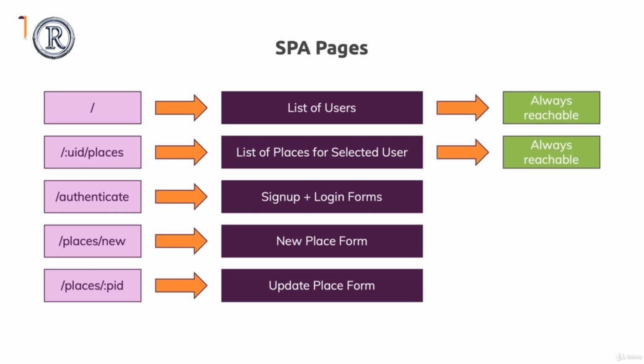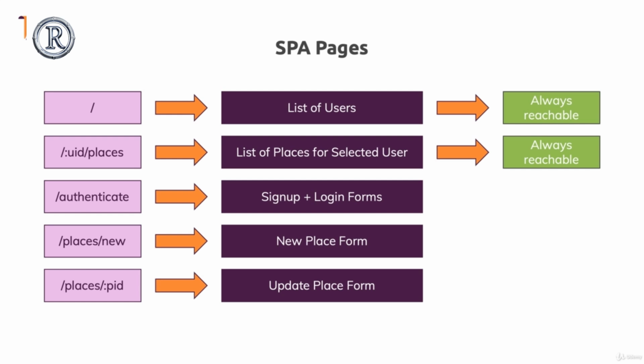These are always reachable no matter if we, the visitor of this page, are logged in or not. The only difference is that when we're viewing the list of places, when we're not logged in, or if we are logged in but we didn't create the places we're looking at, we'll not see the edit and delete buttons. We'll only see those if we are logged in and we're the creator of a given place.